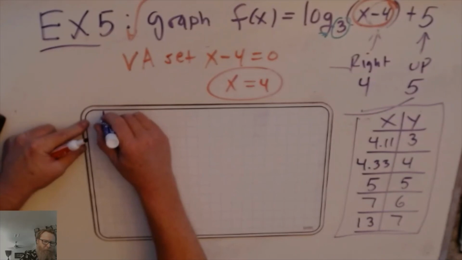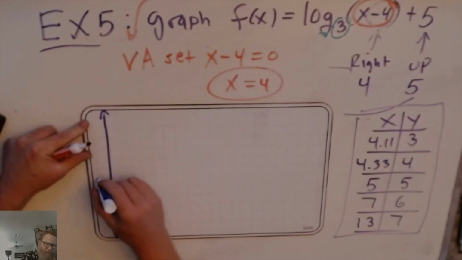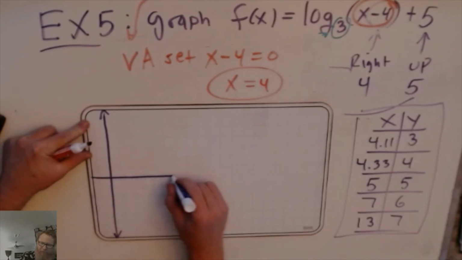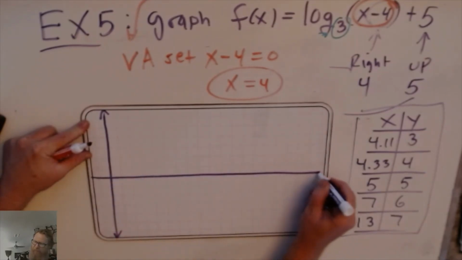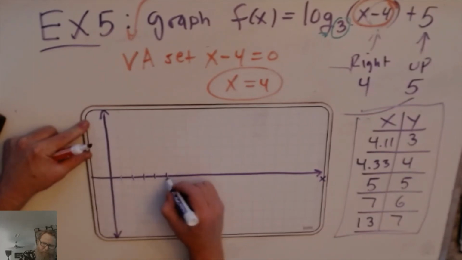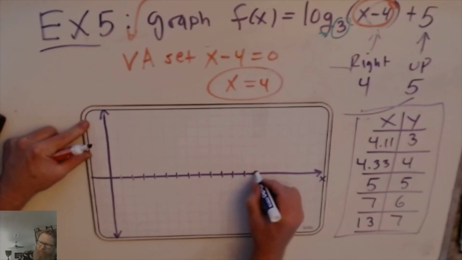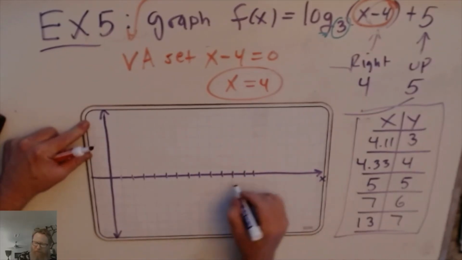I'm going to put my axis way over here. Let's see, 1, 2, 3, 4, 5, 6, 7, 8, 9, 10, 11, 12, 13. I was trying to get all the way to 13 there.